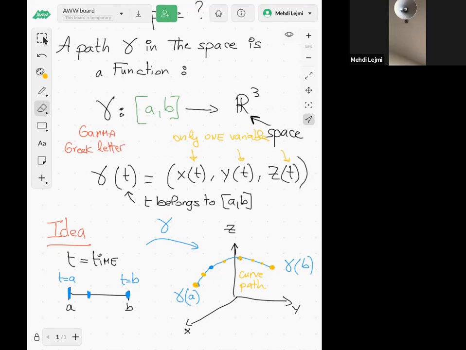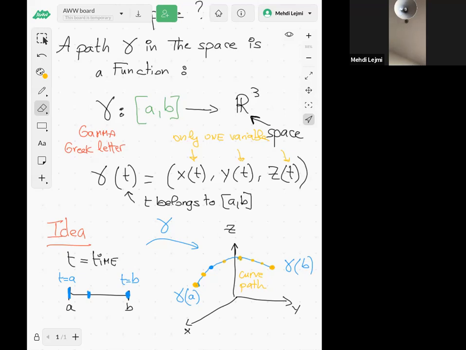Is there any question, guys, about this definition of path or curve? Again, if you have one parameter, that's what we call a curve or path. Later in this chapter, chapter 7, instead of just one variable we're going to have two variables, and in that case we're going to have a surface.